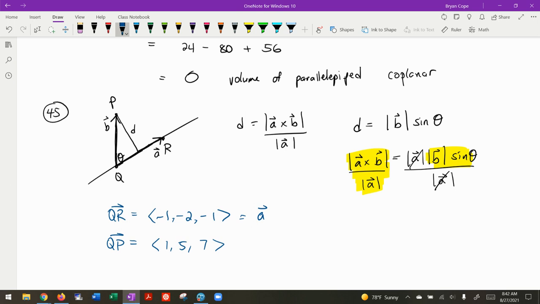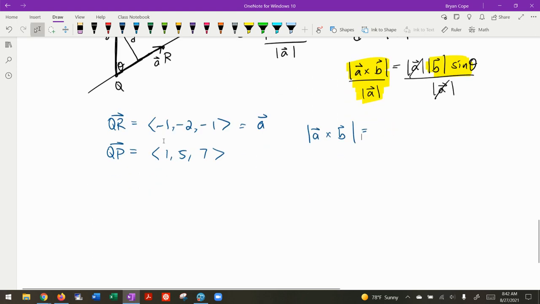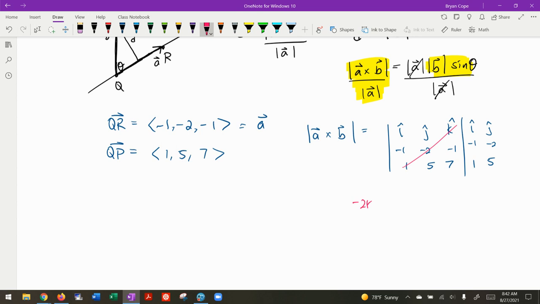P minus Q. Yep. Okay, great. So the magnitude of the cross product, we have to compute a cross product. This time I'm going to use Jayden's shortcut that we discovered. -2k minus 5i minus 7j.